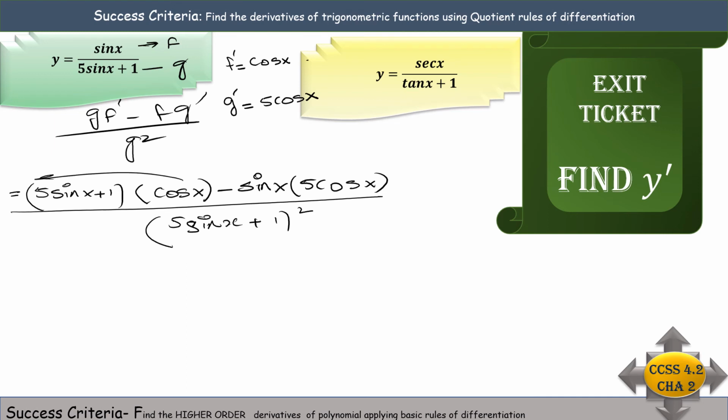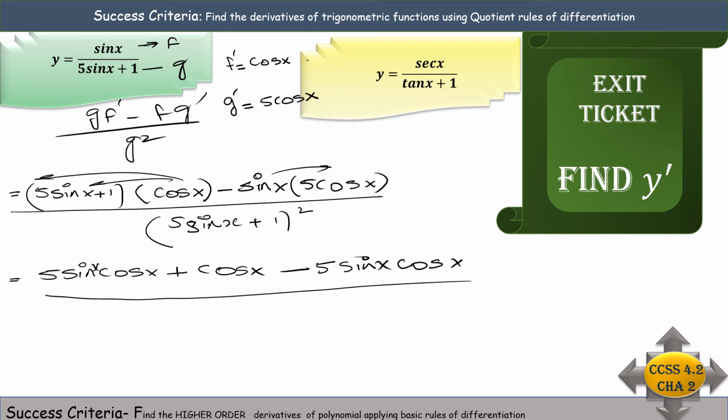Now open the bracket by multiplying the first bracket with the cos x. So we will get 5 sin x cos x plus cos x times 1 gives us cos x only, minus sin x times 5 cos x gives us 5 sin x cos x. Here I forgot to put an x.